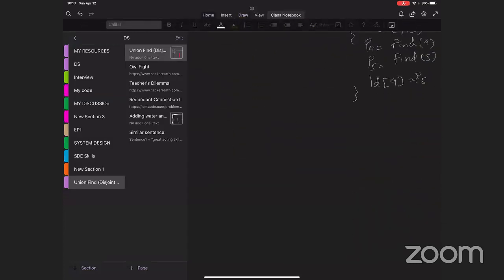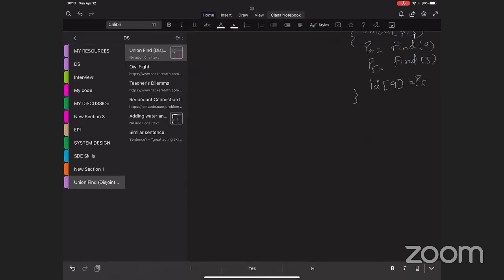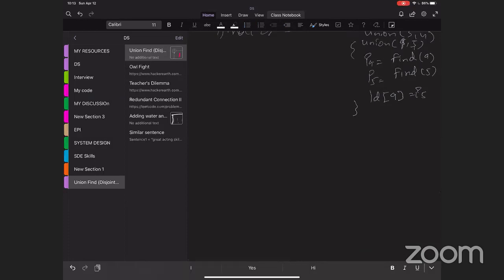So everything is going to be the same, right? Our constructor is the same. The only thing that changes is the find and union functions. I'm just going to write that.